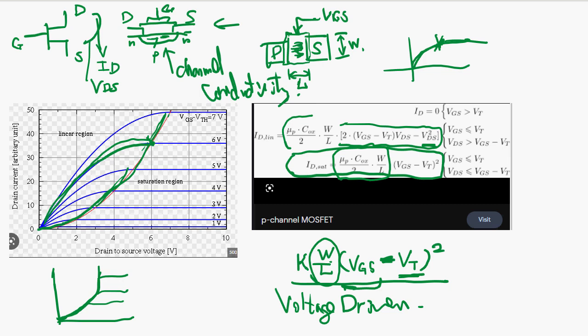It's pretty much the same curve. It's a transistor, but this one is bipolar, and this curve is exponential. And the MOS, this curve is voltage squared.